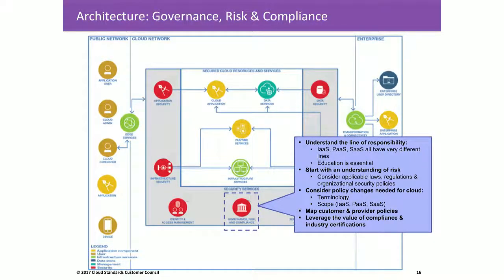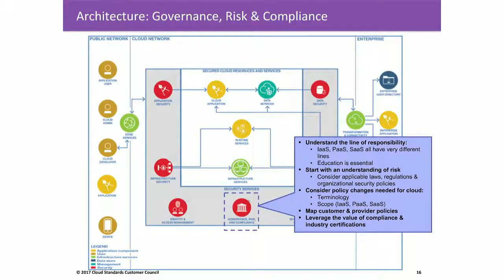And once you have that, you have the clear policy, understanding where the lines are, understanding the risks, you can start mapping where organizational or customer policies might align with the policies and the capabilities that are in place from a cloud. And the more you can do that on industry standards, the better. And the industry standards, again, are essential because industry compliance, industry certifications, they let someone speak a common language.